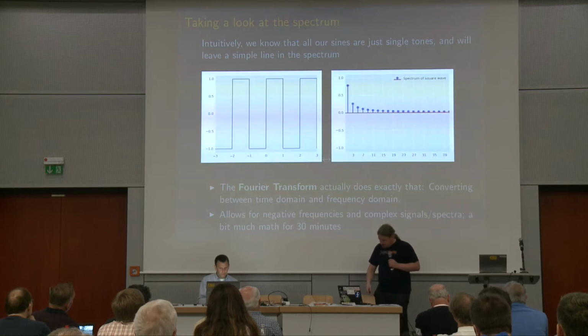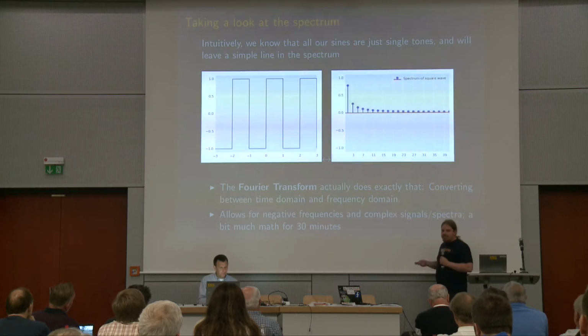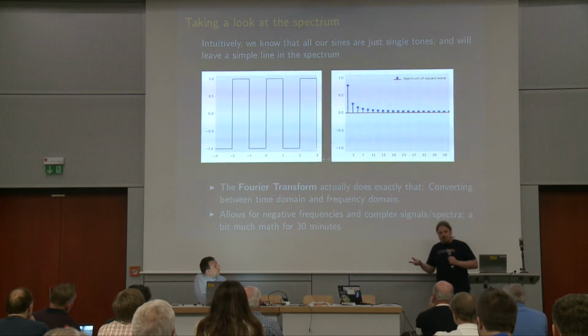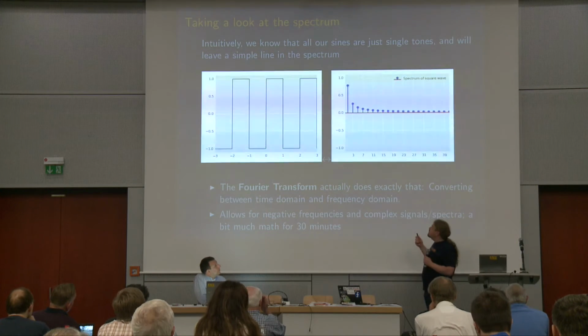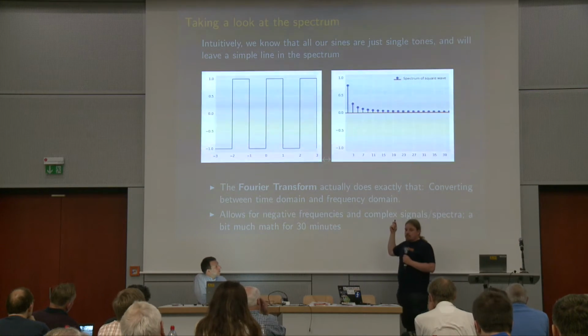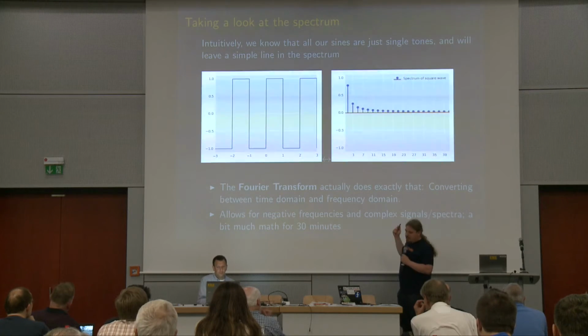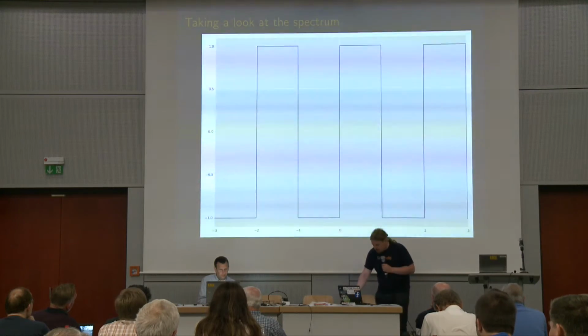Why is that important? Okay, the Fourier transform actually does exactly that. It's a way to mathematically describe the signal in the frequency domain, or take the frequency domain representation and get back the original time signal. It does a bit more than giving us just the absolute value of the spectrum, but that's a bit much math for today, and it's early, and we're not going to do that because it's boring.